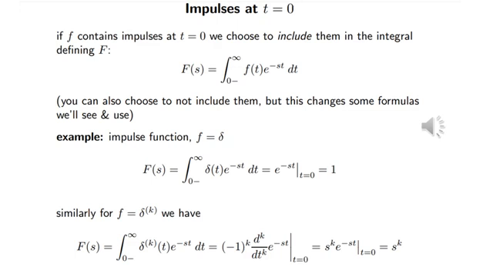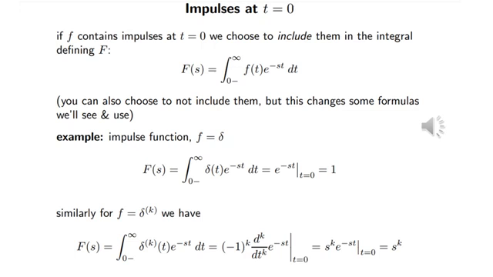So let's apply the Laplace transform. Delta t times e raised to power minus s of t, and as delta t only exists at t is equivalent to 0, the e raised to power minus s of t is only evaluated at t is equivalent to 0. So let's find whatever is in the argument and substitute it in place of t, and that is e raised to power 0, which is 1.